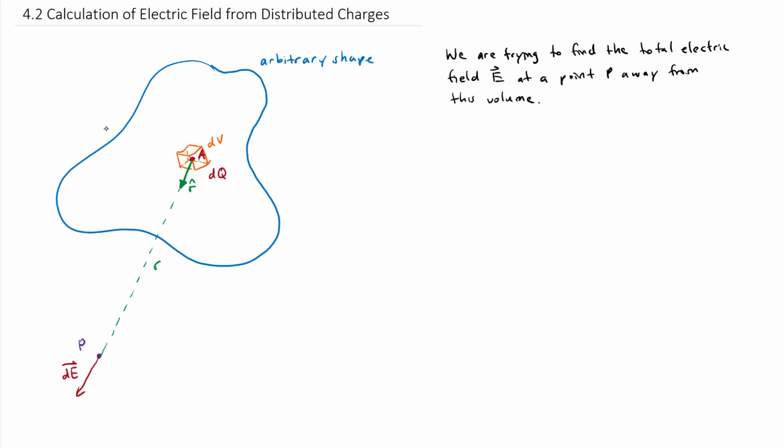So now the problem is we're going to have tons of these orange blocks all over this arbitrary shape, and that means r is going to change, and also the value of dE is going to change.